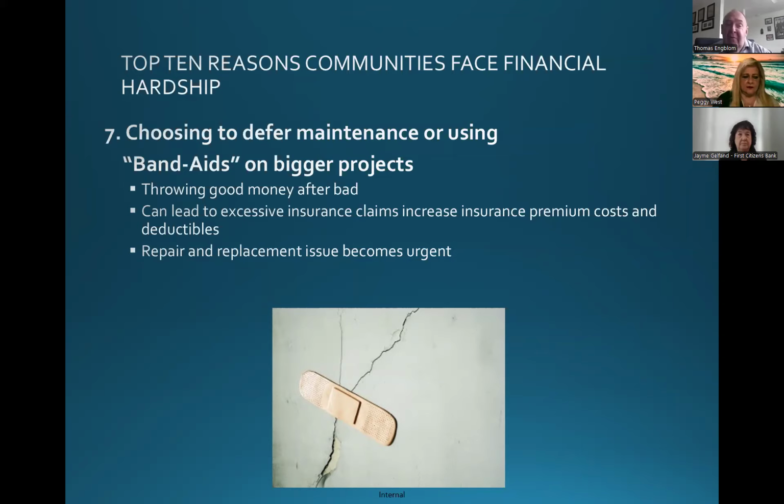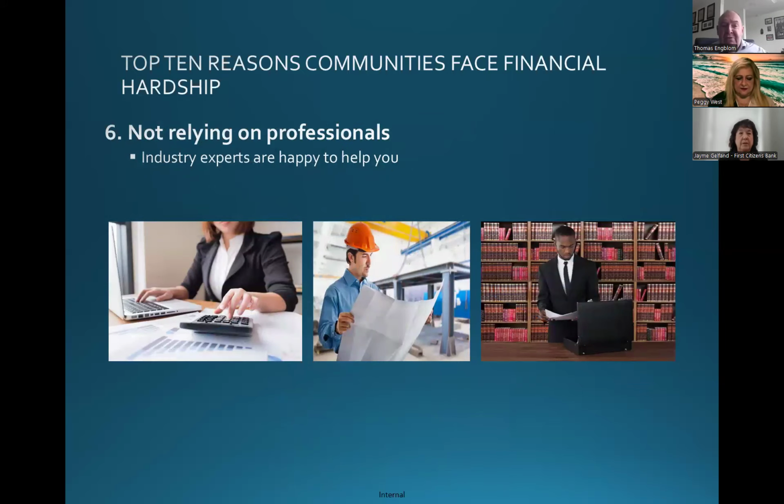Because I knew if we put in cameras, it would reduce our insurance costs. And it saves the association on an annual basis $100,000 a year because we can reflect if someone gets hurt or what happens. So these are all other components why associations just face financial hardship.